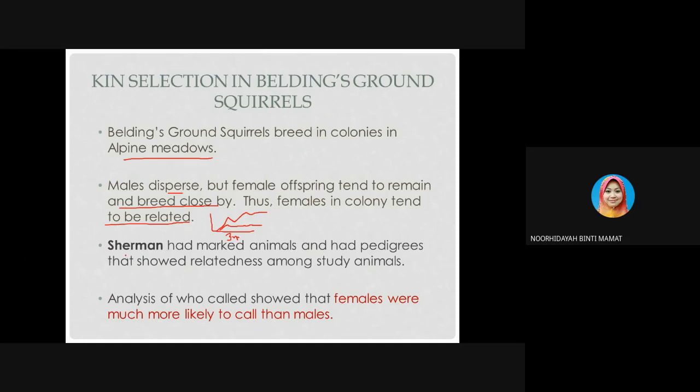Sherman had marked animals and had pedigrees that show relatedness among study animals. The analysis of who called showed that the females were much more likely to call than males. So this is another experiment by Sherman and colleagues.